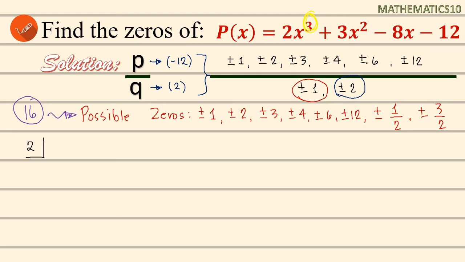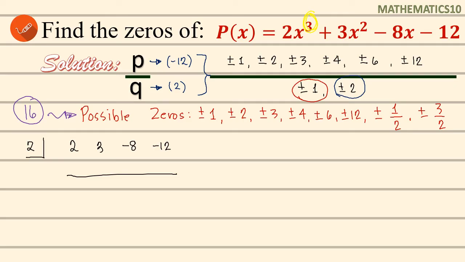As you can see, we have here cube, squared, then the first exponent, and then the constant. So it's complete. So we can now directly list down, starting from the leading coefficient, which is positive 2. Next to that is positive 3. Next is negative 8, and next is negative 12.